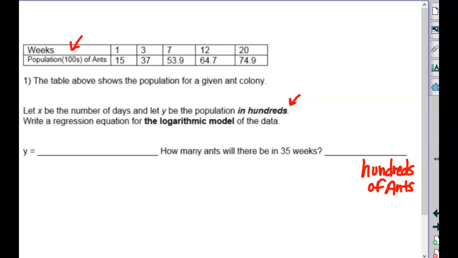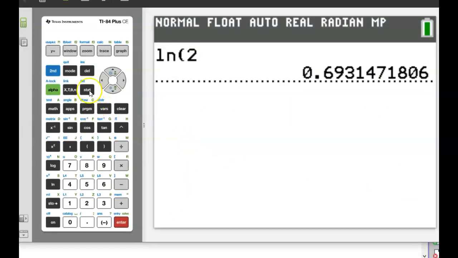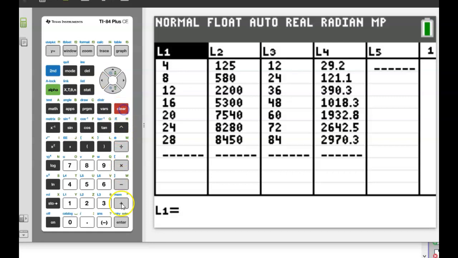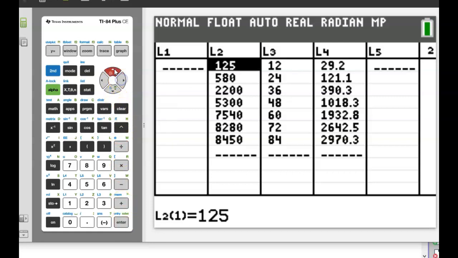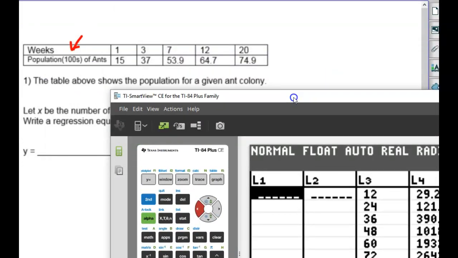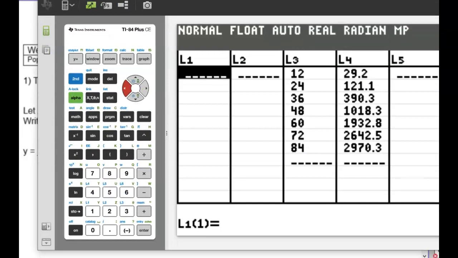All right, but what do we start out with? Yeah, stat, enter. I don't have these in. 1, 3, 7, 12, 20. Oop, 12 didn't make it.